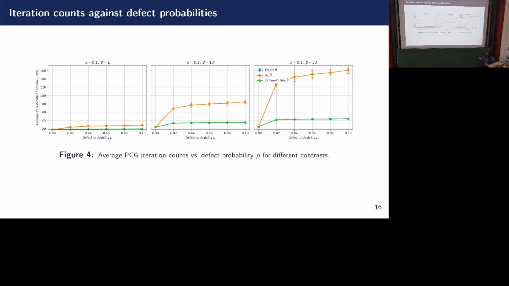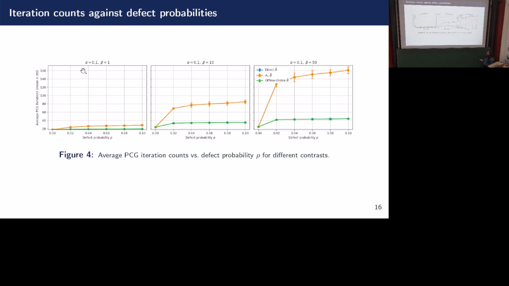And this orange is the constant coefficient preconditioner, and then this B tilde, not B tilde, here it should be B, and offline-online B tilde, and then blue is the additive Schwarz solver, and this green is our offline-online preconditioned solver.